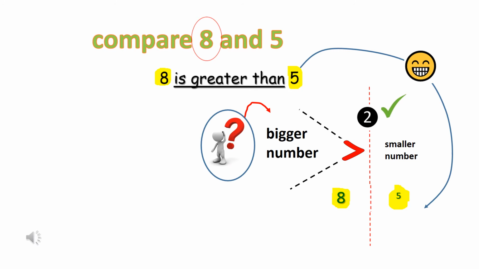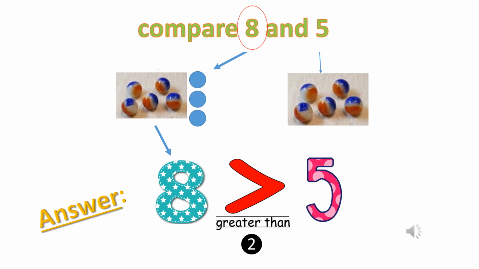If you selected symbol number 2, you are correct. 8 is greater than 5. The symbol opens up to the bigger number, and it points to the smaller number. Reading from left to right, 8 is greater than 5. And here you see the answer again.